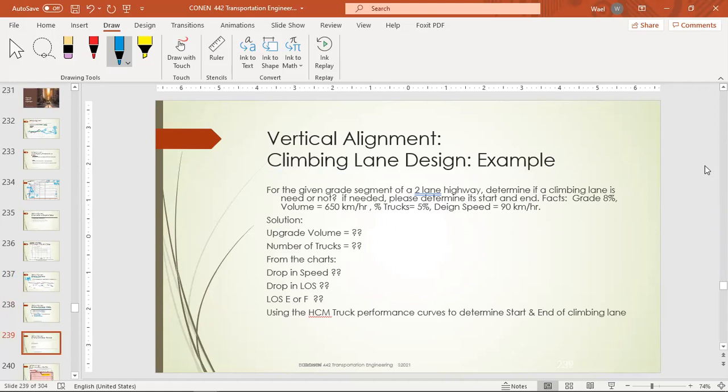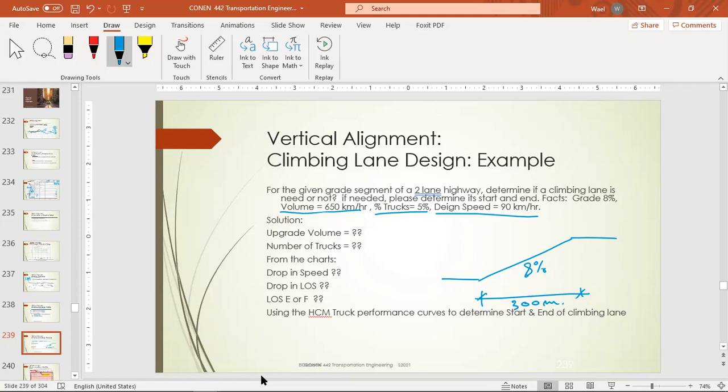It seems that there was a graph here, but it's missing. So that's the grade, 8%, and that's the distance. And that was the volume, 650. Truck percent is 5%, and the design speed is 90. And the question here is to determine if a climbing lane is needed or not.